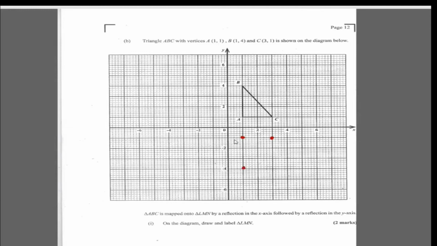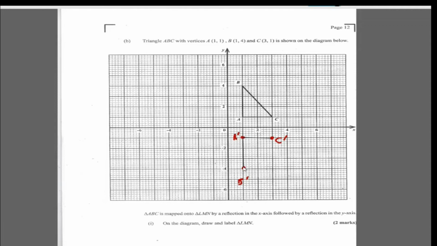So you have A prime, B prime, and C prime. Everything goes below the x-axis when you reflect it in the x-axis first.